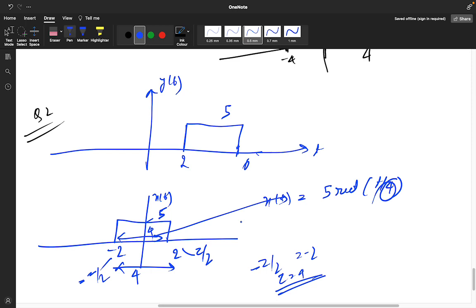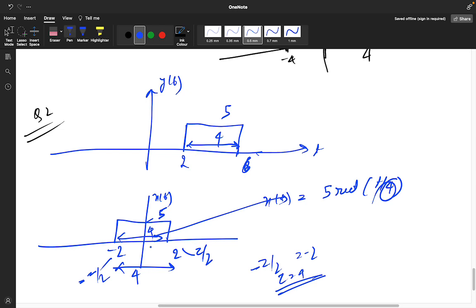Now can you tell me how we can represent y of t in terms of x of t? It is shifting. Here also, this is 6, so the duration is 4. Here also the duration is 4.